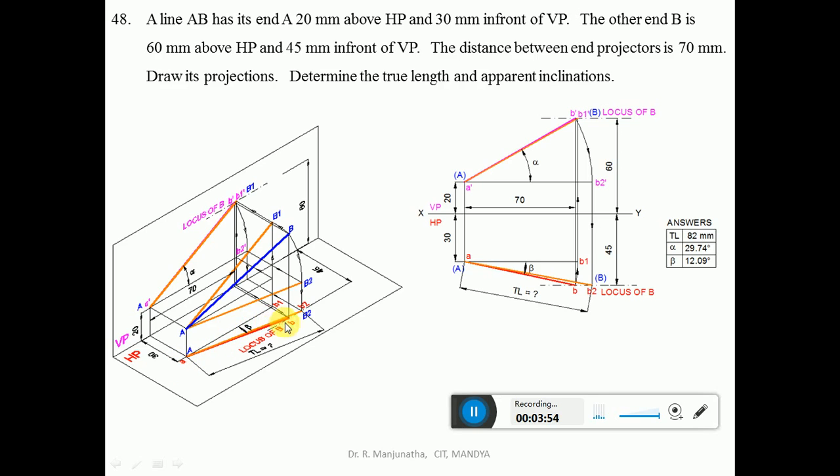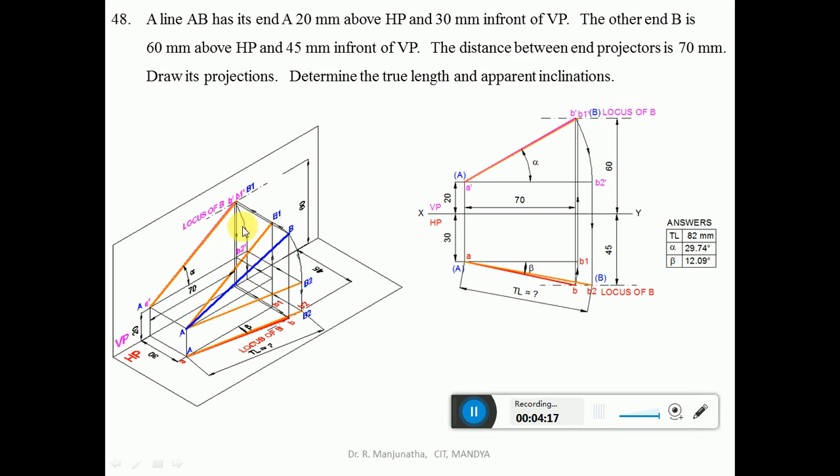So this is the top view, and this is the front view. When this is projected from here to here and also from here to here, this is the point where you get the actual line capital AB, represented with a blue dark line.